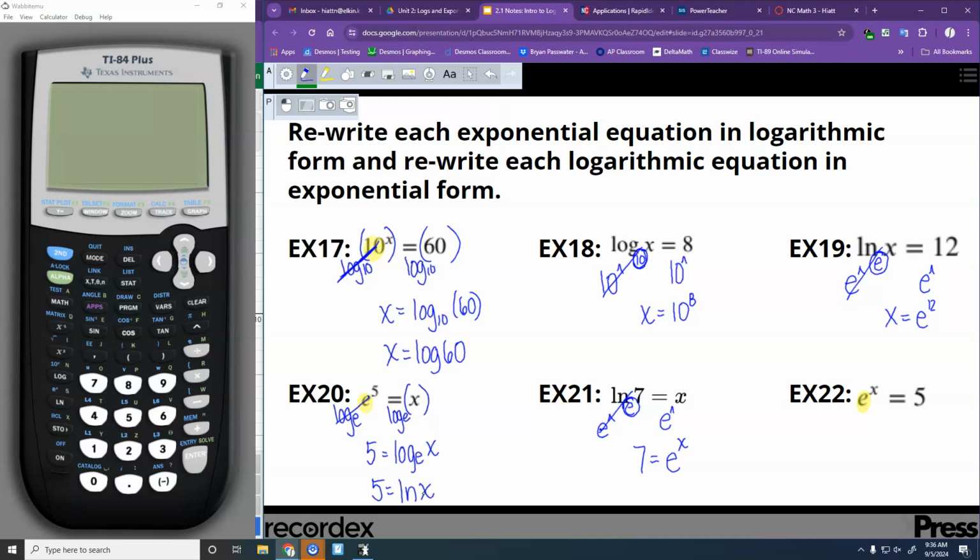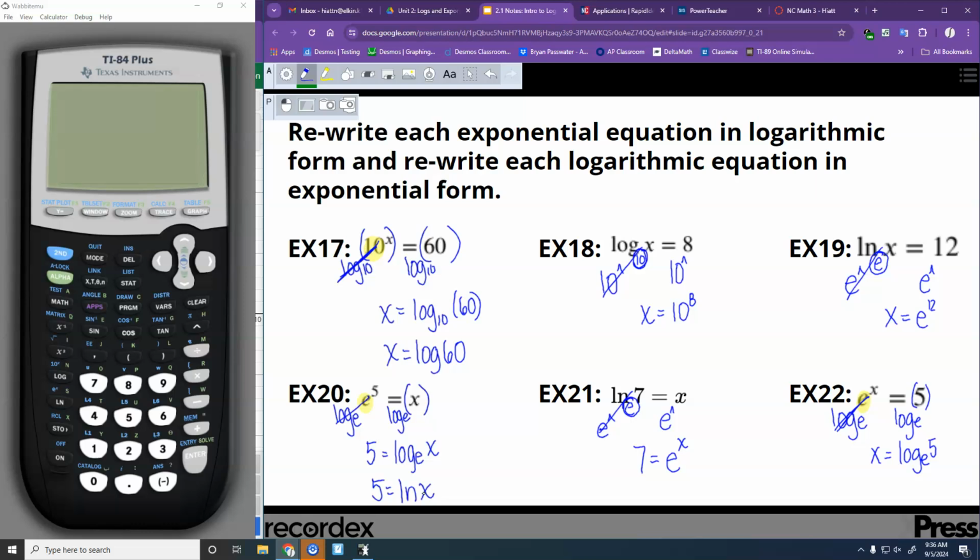So to get rid of that base that's an e, I'm going to do a log with that same base of e. And it's going to get rid of my e over here. If I do that to one side, I've got to do it to the other as well. Log base e of 5.